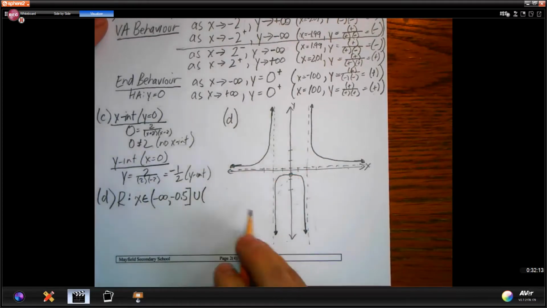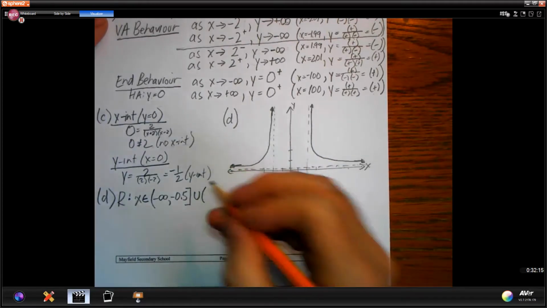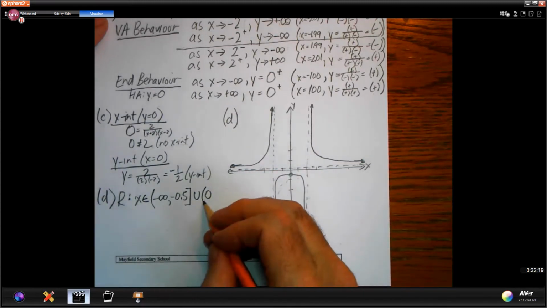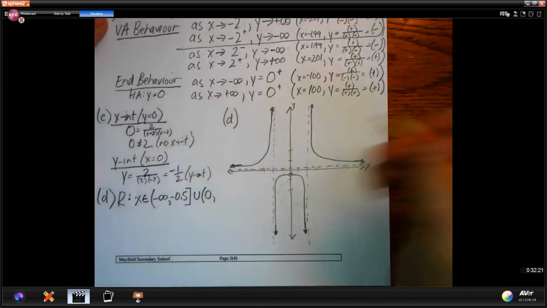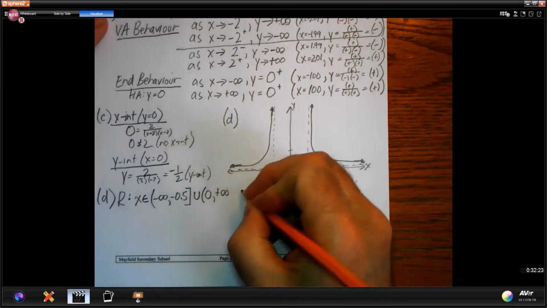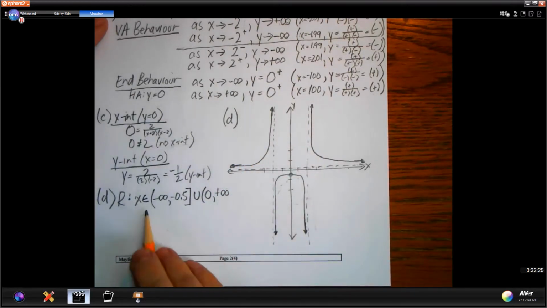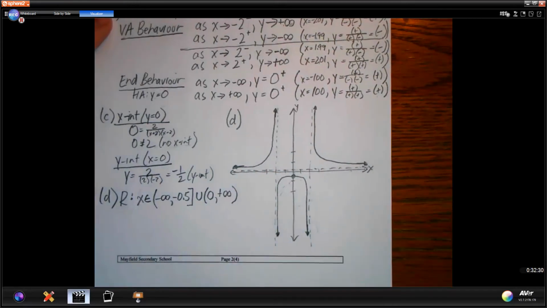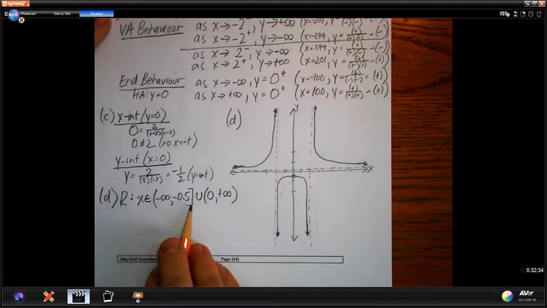So this time the lower end of that interval would be 0, but it doesn't include 0 because that's an asymptote. And then the upper range would be positive infinity. And you notice with the infinities, they always have a round bracket. Okay, so that's how we define the range. I think interval notation is a lot easier than a lot of greater than or equal to signs. So that defines the range. Okay, so that's our first example of doing that.